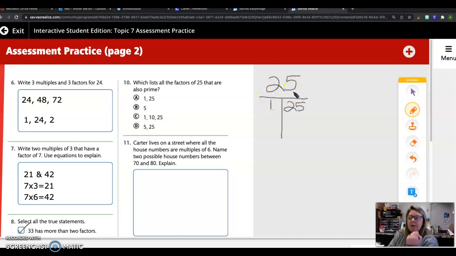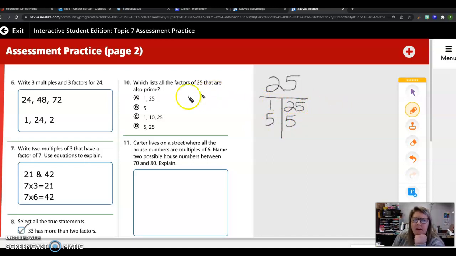We cannot divide an odd number by 2 evenly. 3 is not a factor. 4 is not. 5 is. We have 5 and 5. These are going to be the only factors of 25. We have 1 times 25 and then 5 times 5.